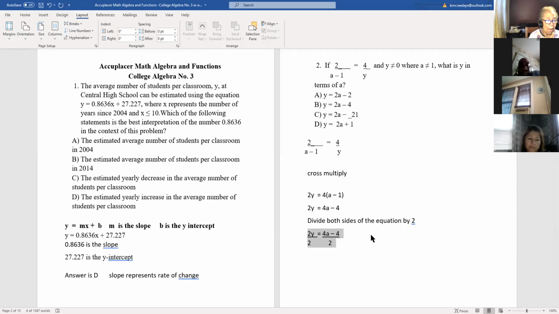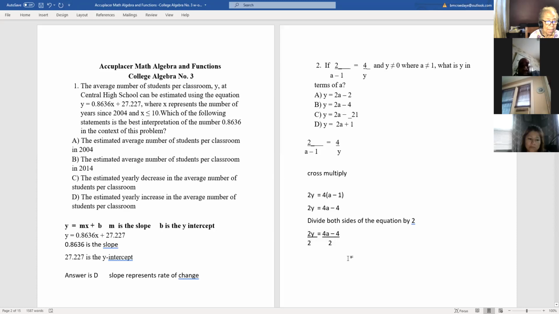Okay, now what do we get for the left side? Y. That's right, 2 over 2 is 1, so we get y. The 1 is understood. Okay, that's just y. And what do we get on the right side?